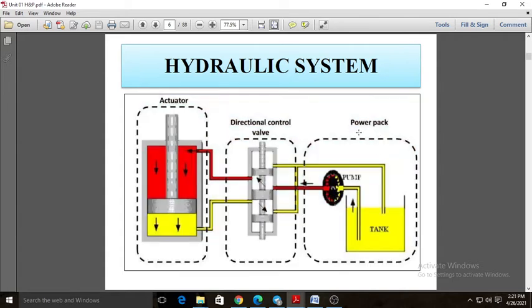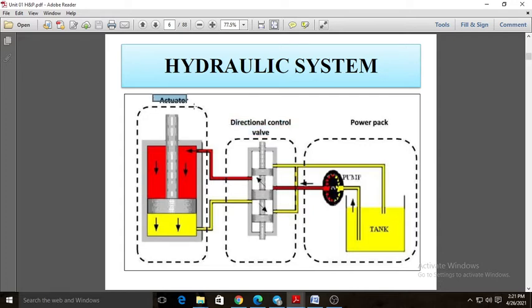And why do we call this a power pack? Because here the fluid is stored and the pump is present, and the function of the pump is to pressurize the oil from the reservoir and send it to the direction control valve. Then what is the direction control valve? Its name itself tells its function: the direction control valve controls the direction of the fluid coming from the pump and going to the actuator.